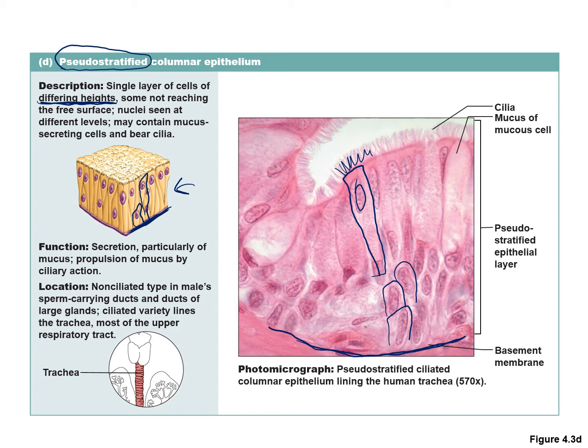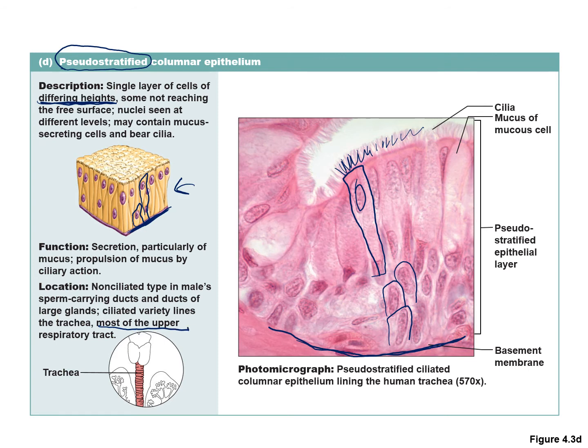The function is secretion, particularly secretion of mucus and propulsion of mucus by ciliary action. So here you see the cilia on the top of these columnar cells. And what is important about this epithelium is that it lines most of your respiratory tract, right?